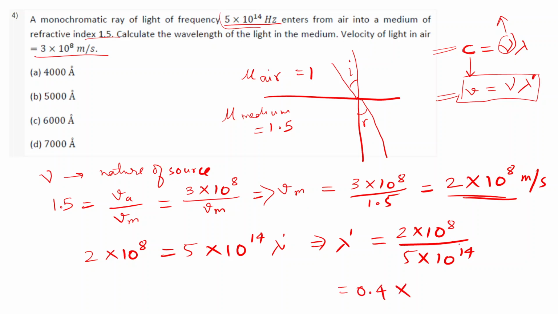And it will be 8 minus 14, so 10 to the power minus 6. If I write it in terms of angstrom, since this is in meters, 1 angstrom is 10 to the power minus 10 meters.